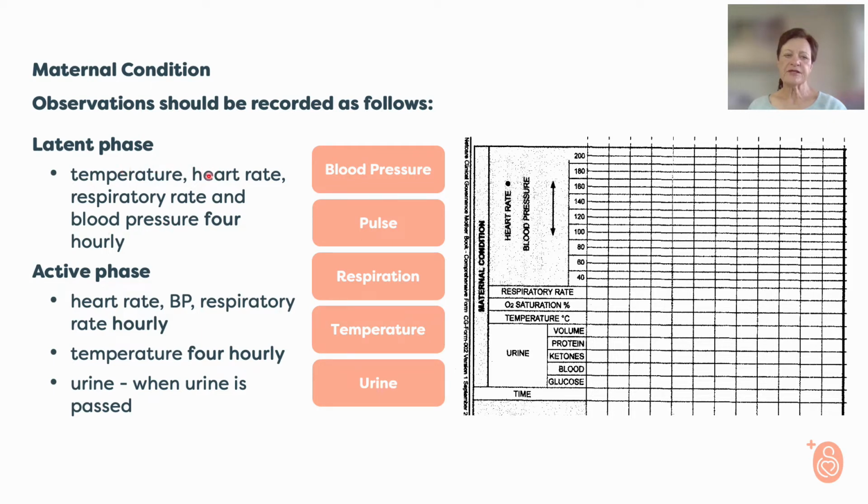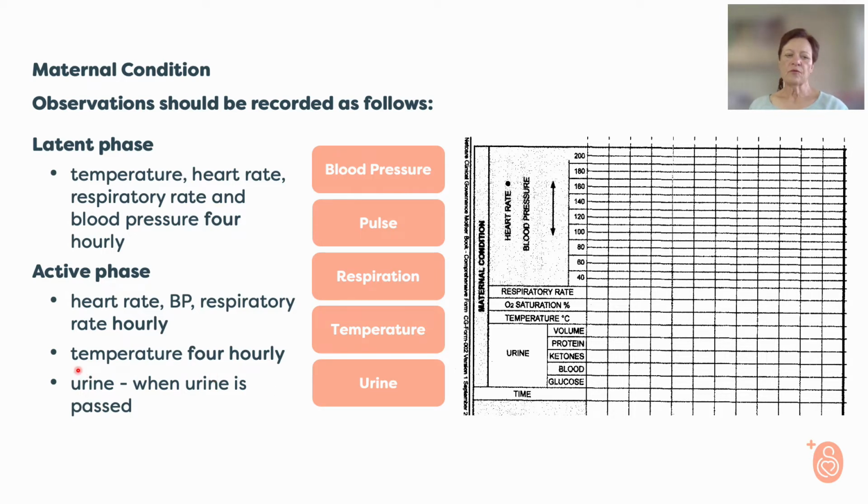The temperature, the heart rate, the respiratory rate, and the blood pressure will be recorded 4 hourly. But when we come to the active phase, the heart rate, the blood pressure, and the respiratory rate, so we can basically group them under the maternal vitals, will be recorded hourly. The temperature will be recorded 4 hourly, and the urine whenever the urine is being passed.